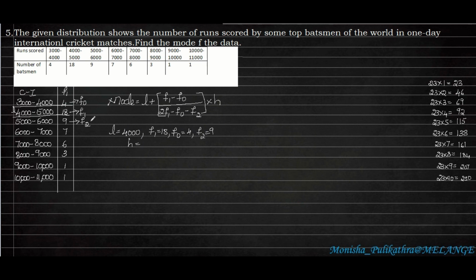Next, H, that is the class size. So class size is the difference between the lower limit and upper limit, that is 5000 minus 4000, which is equal to 1000. Next we need to substitute all the numerical values into this formula.